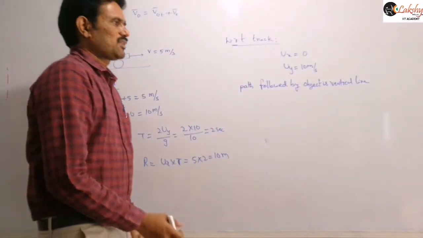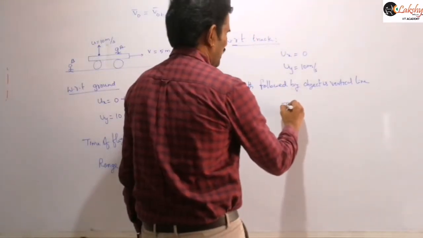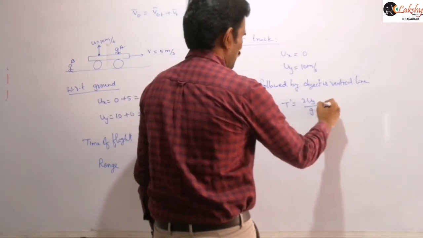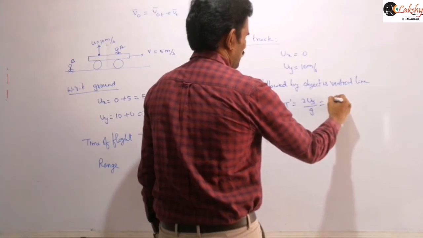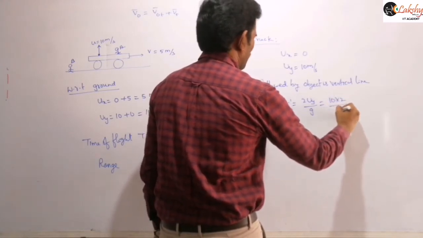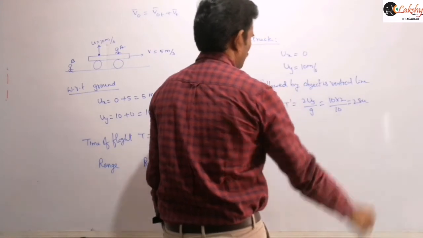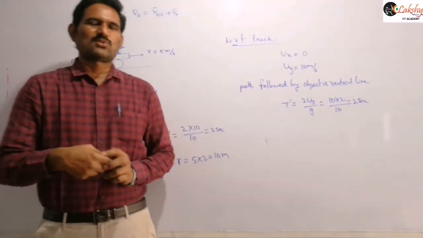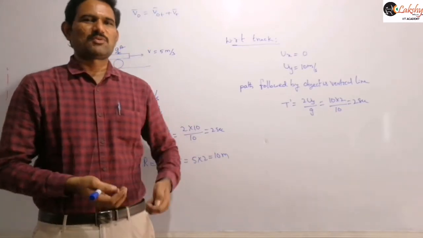Now as the path followed by the object is a vertical line, you can calculate the time of flight with respect to this. It is 10 into 2 by 10, so it is 2 seconds again. Even in the vertical projection case, the time of flight is 2u by g.